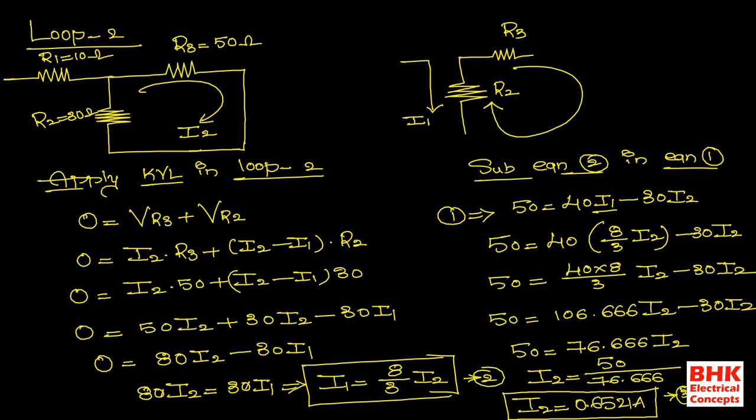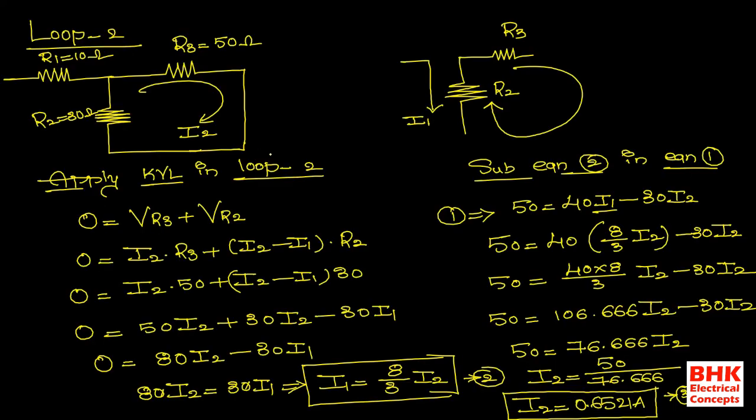Now substitute this value of I2 in equation number 2. See here, what is equation number 2 actually? Whatever equation we got in the previous step, that is I1 is equal to 8 divided by 3 into I2.